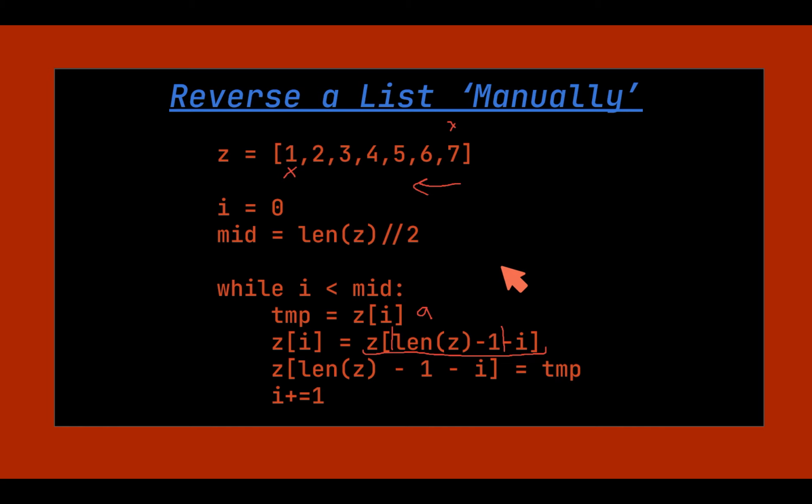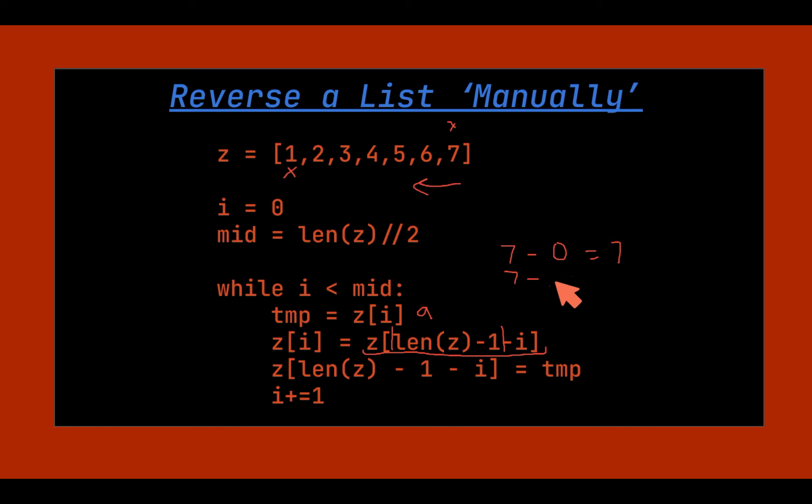So, let's say the length of z minus 1 is 7 to begin, and then i is 0. Of course, that equals 7. Then on the next turn, i is going to be 1. Actually, I think the 7 is wrong, but anyway, let's say the length of z minus 1 is 7.